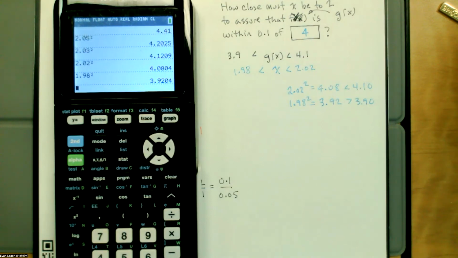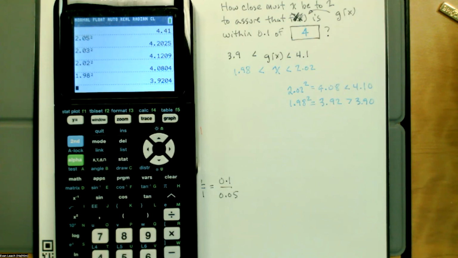This is not the biggest delta that we can get away with. But we don't need the biggest delta that we can get away with. That's not what the definition requires. The definition says for every epsilon greater than 0, there is a delta greater than 0. Here's a delta greater than 0.